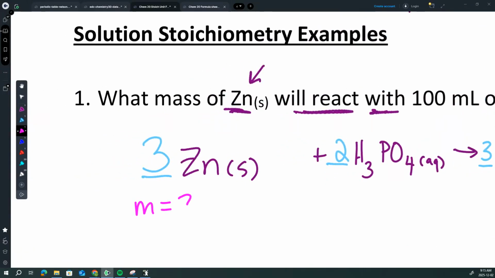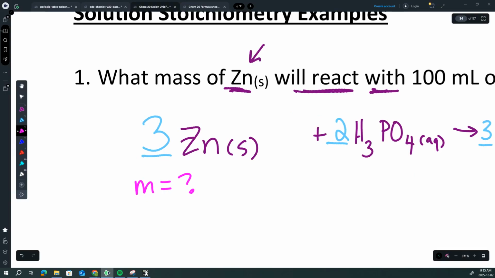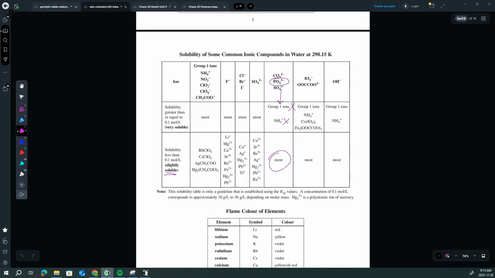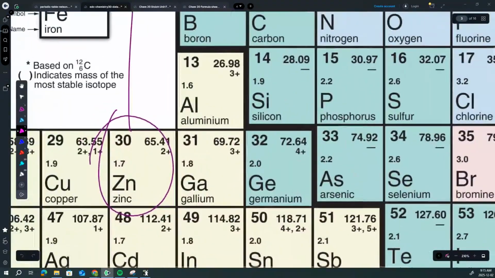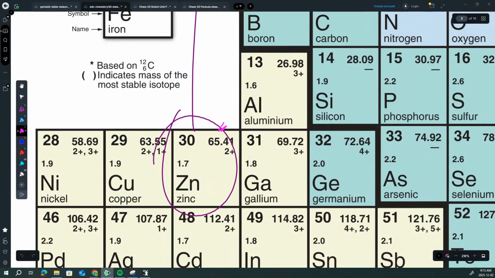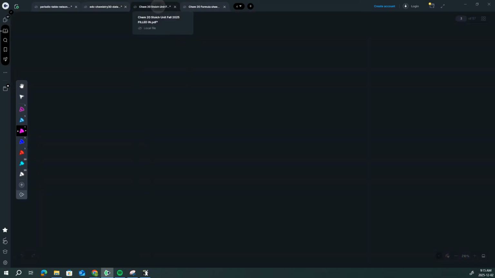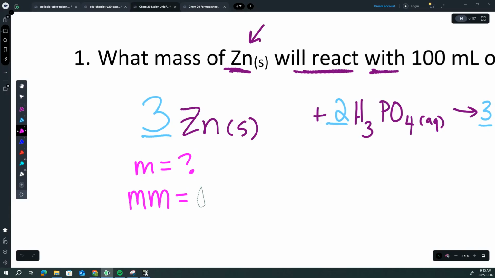So mass of zinc, we have no clue. And whenever we see mass, we need to figure out the molar mass of that substance. So for zinc, the molar mass of that is going to be 65.41, and that's grams per mole.